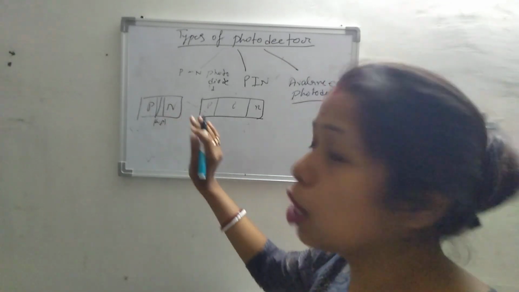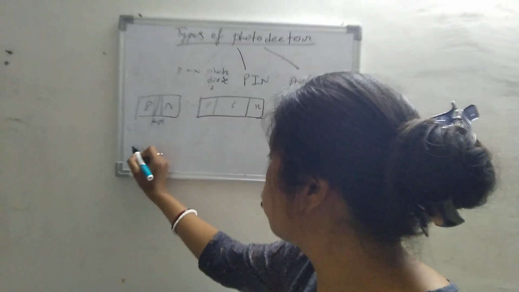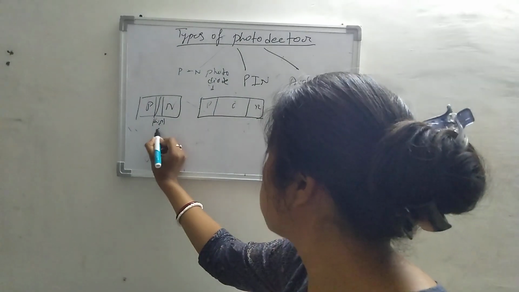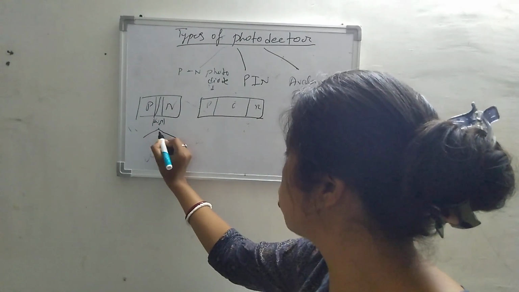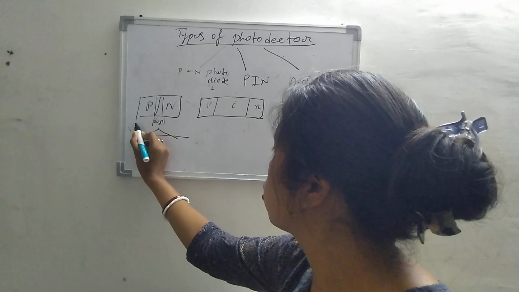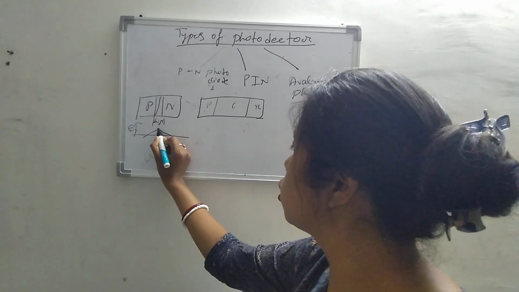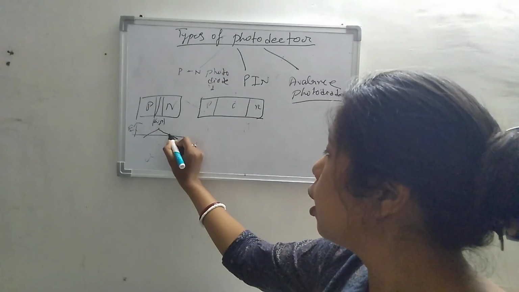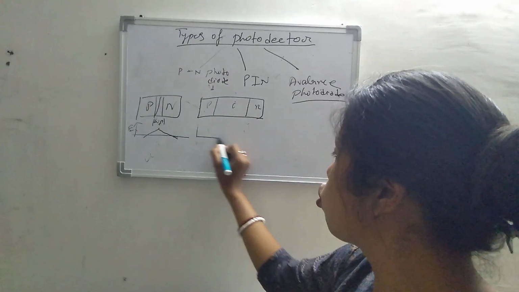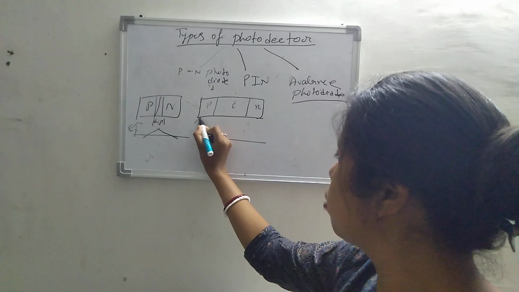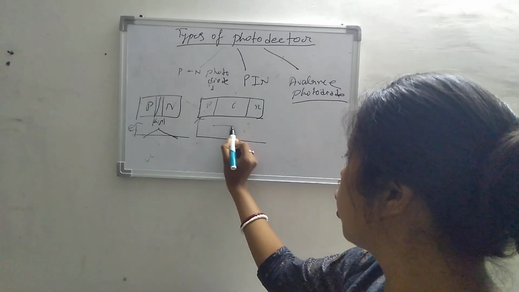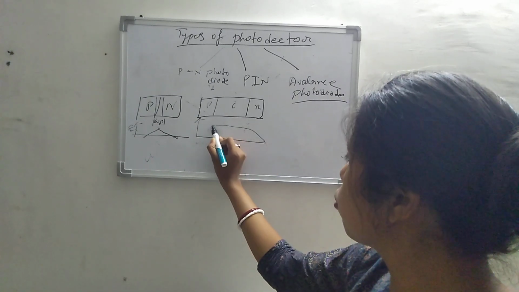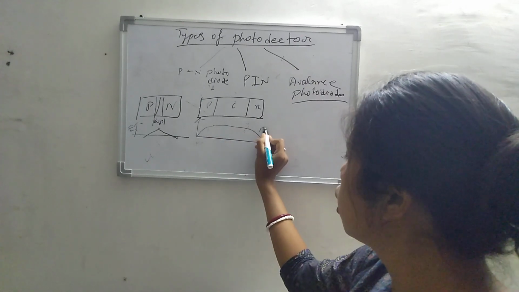Now, in the PN junction diode, if you draw the electric field, you will get this kind of electric field in the depletion region. The electric field is very high, but the depletion region is narrow. If you draw the electric field in the pin photodiode, you will get this amount of electric field.